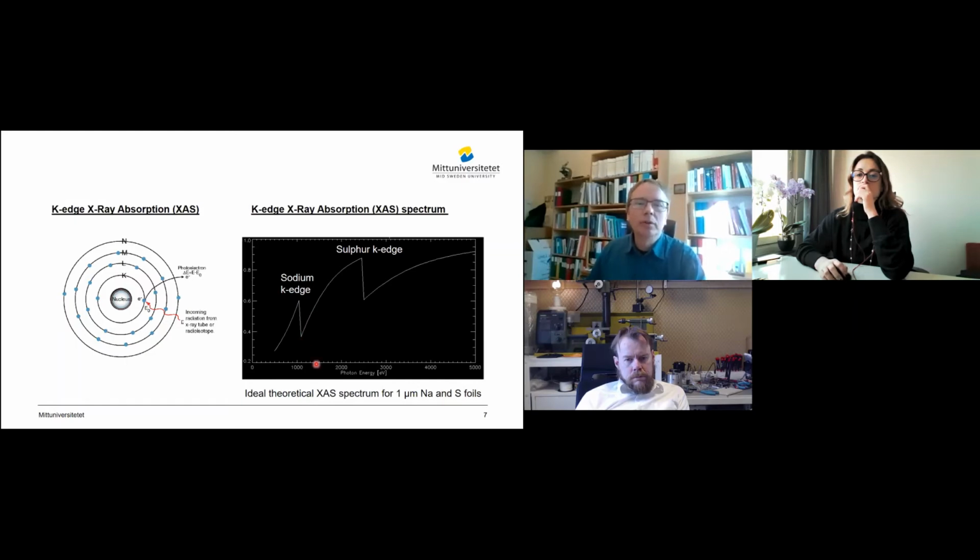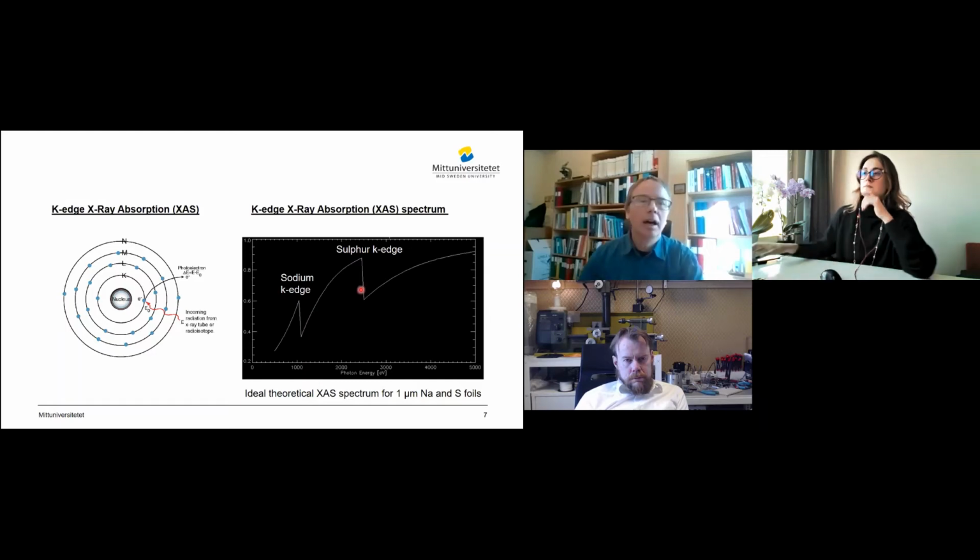Here I took two thin foils of sodium and sulfur and put them in a simulator, and we see the edge here, then the continuation, and then we reach the sulfur K-shell binding energy, and we get the same effect here.